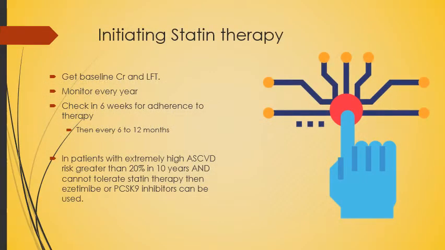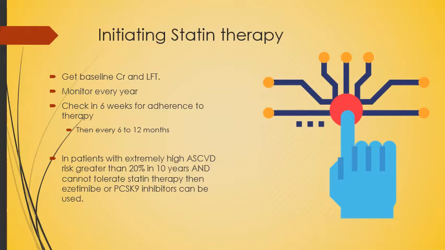Because these statins aren't extremely clean, we have to make sure that we monitor patients for them. So at a baseline, check their creatinine and check LFT. So we're checking kidney and liver function. Monitor this every year as you're checking their dyslipidemias too.